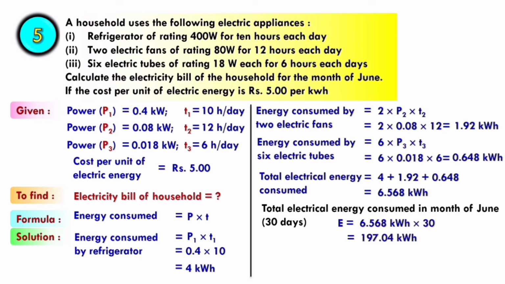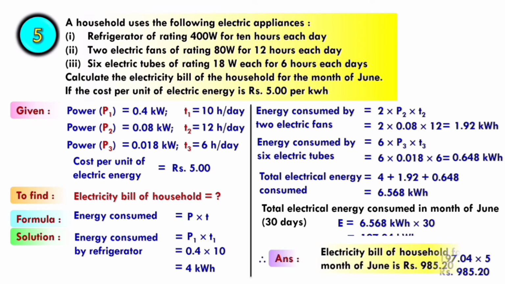We will get 197.04 kilowatt hour. So therefore the electricity bill of operation is 197.04 into 5. And we will get rupees 985.2. Alright, so the electricity bill of household for the month of June is rupees 985.2.